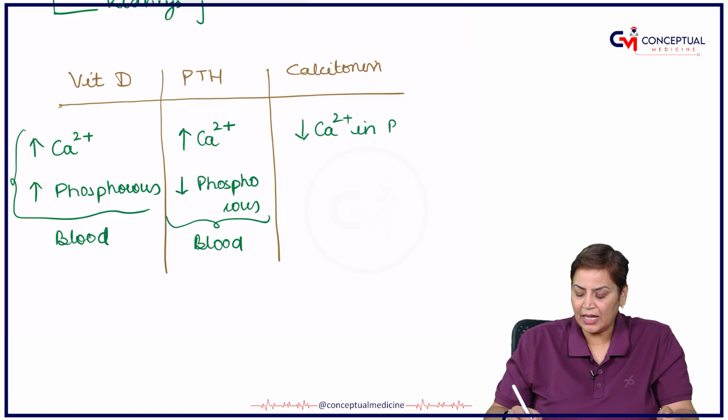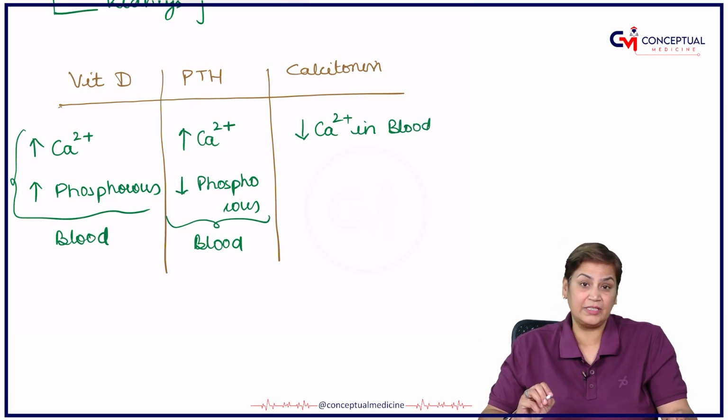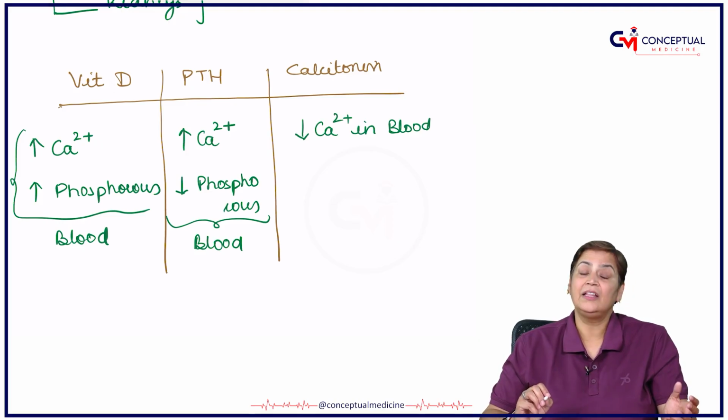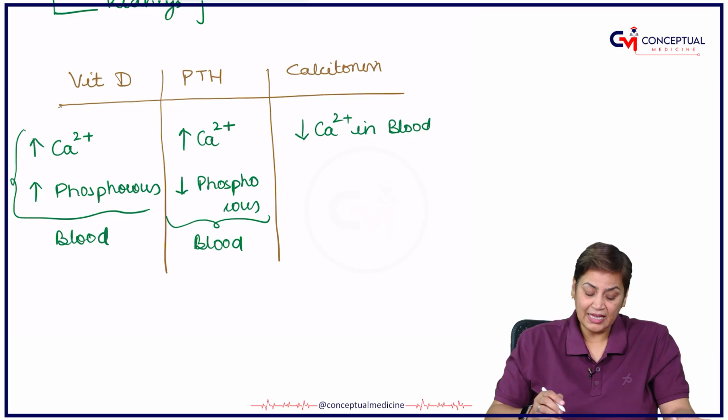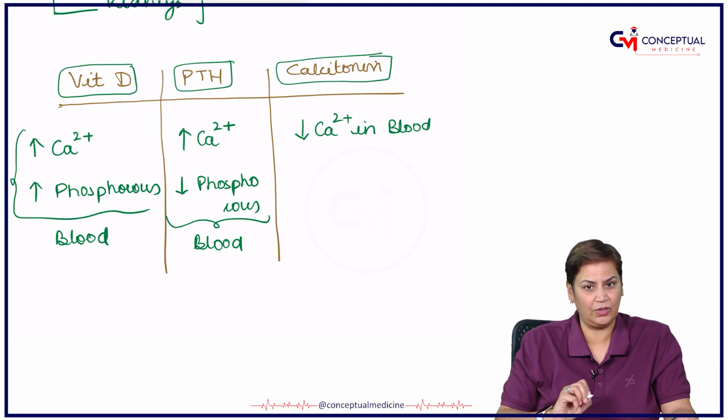So, we all know that there are antagonistic hormones also present in the body. If one is increasing, there has to be some other one which will decrease it. So, this is the basic difference between vitamin D, PTH and calcitonin.